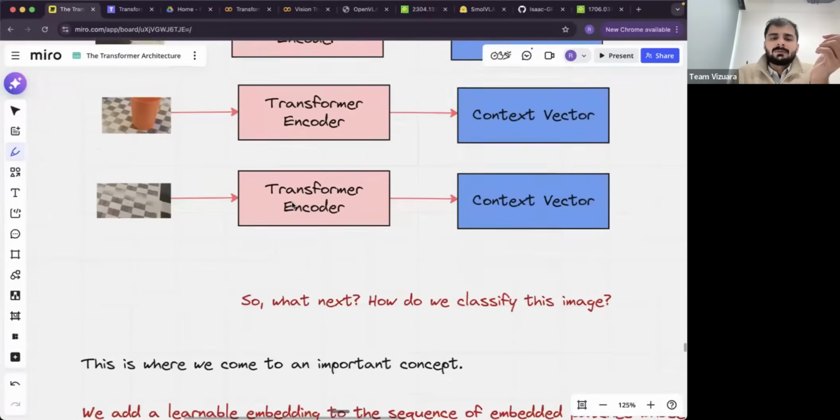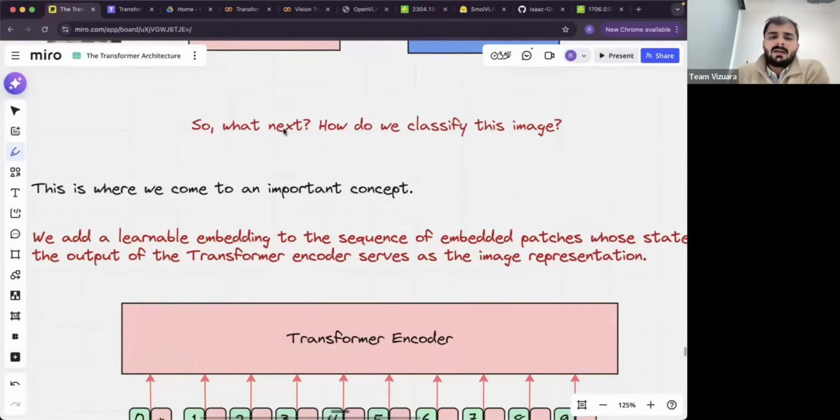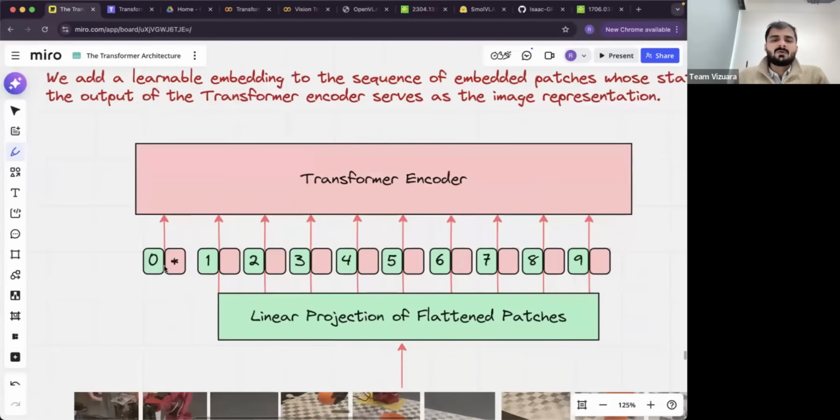Okay, so the way we classify this image is we add a learnable embedding to the sequence of embedded patches, which is over here, and which is called the CLS token. So we initialize this token with random values, and finally we just look at the output of this token, the context vector for this token.